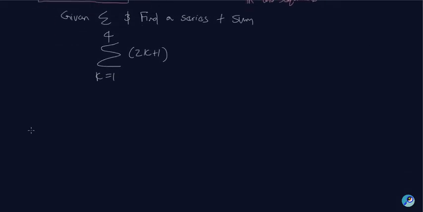So siyenza kanjani? So na general term yethu so sisebenzisa yona. So you know ukuthi siqala from term 1, from when k is equals to 1 up until k is equals to 4. From k is equals to 1, that is 2 times 1 plus 1. And then plus, because it's a series, and then see k is equals to 2.